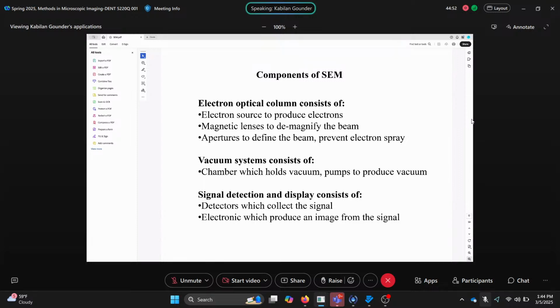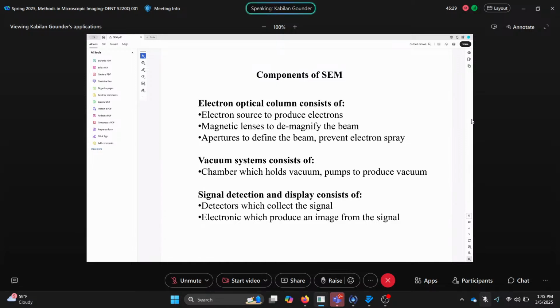The column is built for protection from the electrons, so they do not come out and expose humans. Also, the electron path should be narrow and hit the samples. That is the most important thing. So there is the electron source to produce electrons and the magnetic lenses to demagnify the beam, also the apertures to define the beam and prevent electron spray.